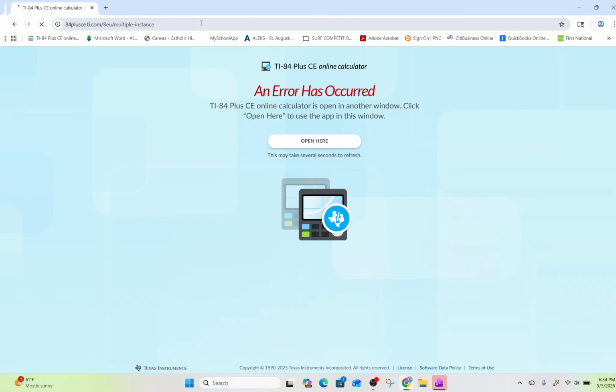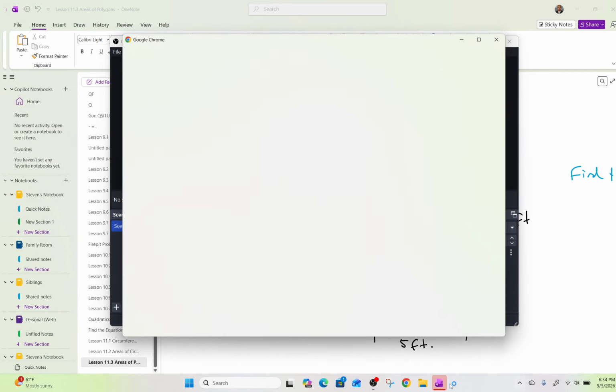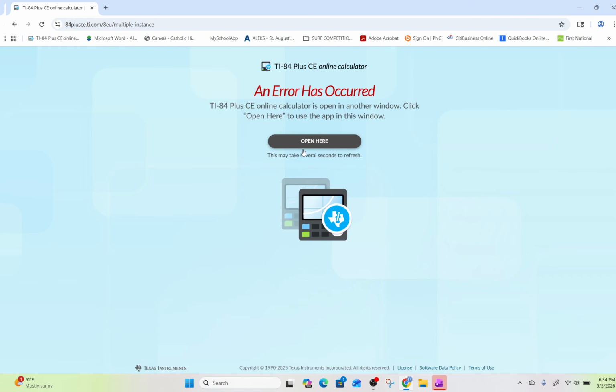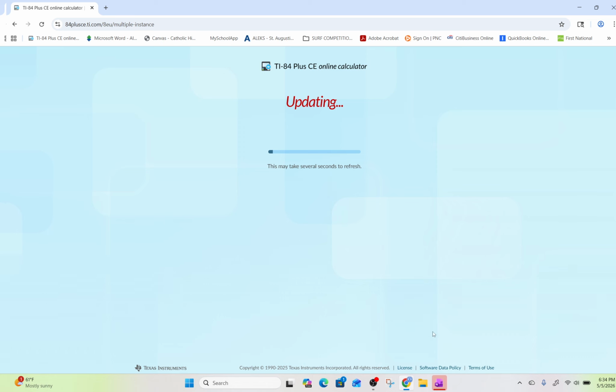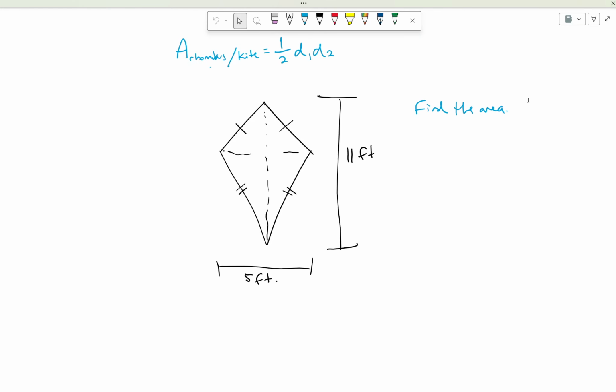Uh-oh. Errors occurred. It's opening another window, but it is not. So give me a moment. Let's open here. Here we go. Okay. I'm going to get my calculator fixed in the other window in just a moment.